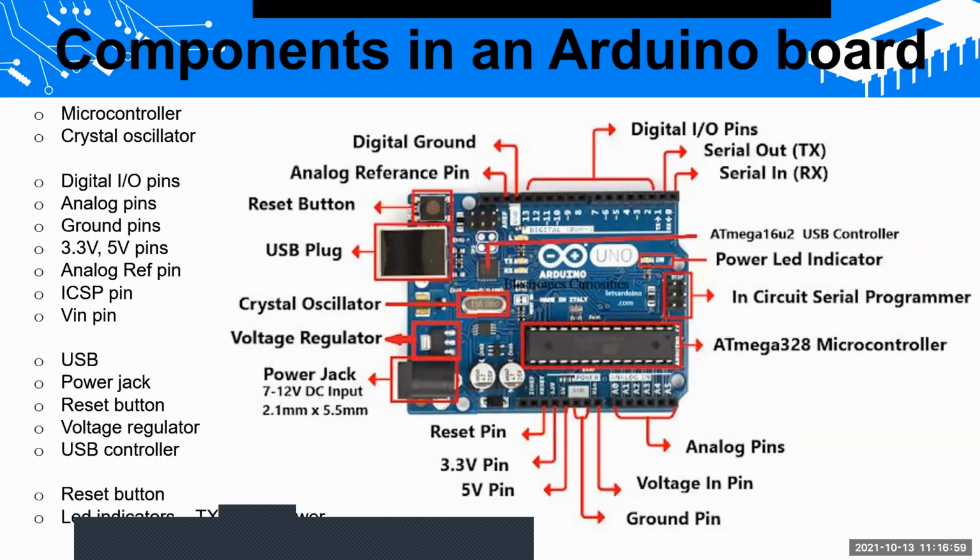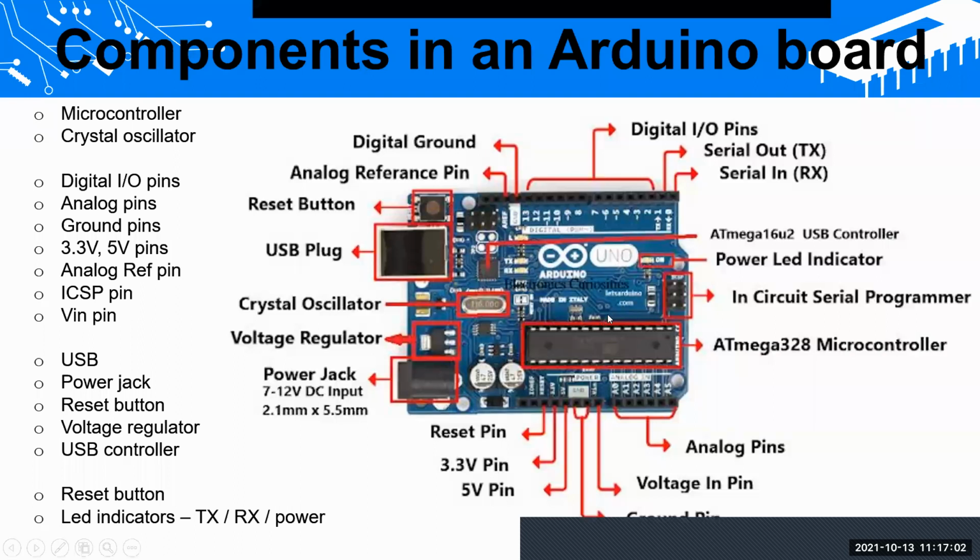Then we have certain LEDs, right? As you can see, this is one LED here. Then we have another two LEDs here. Then another LED here, right? This LED will turn on when you give power to your Arduino board. Then we have something called RX and TX, right? If there is UART communication from the Arduino board to the laptop, or laptop to Arduino board, or any other sensors, these LEDs will blink, right?